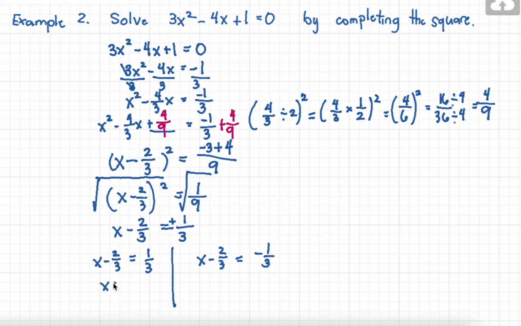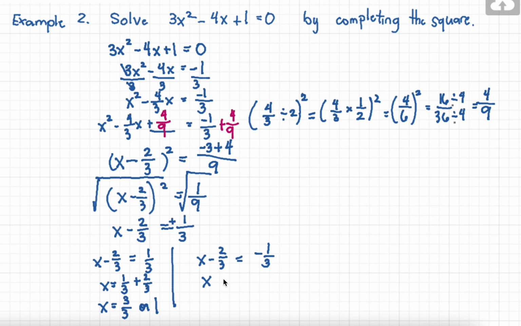So, x is equal to 1/3. So, yung negative 2/3 magiging positive 2/3. So, we have 1 plus, kasi same naman yung denominator which is 3. So, that will be 1 plus 2 na lang. So, that's 3 over 3 or x is equal to 1.